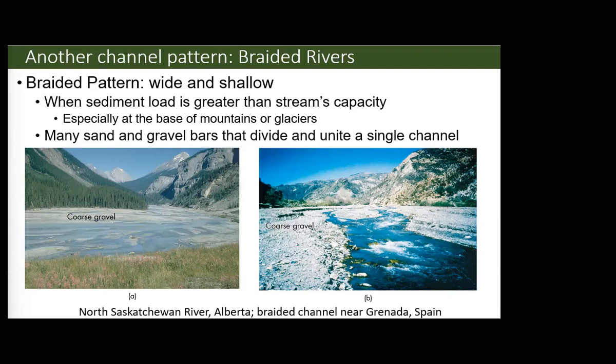As it drops more stuff out of its load, it's going to kind of diverge around those coarse gravel bars, and eventually it'll come back on the other side of the bar. But because there are so many gravel and sand bars, it looks like there's all these different channels coming about and intertwining. So we sometimes get these in these low energy environments.